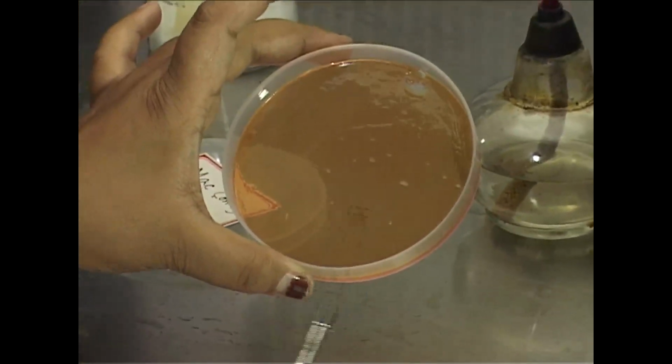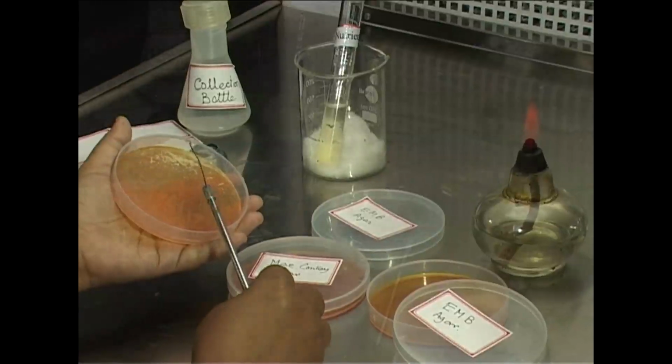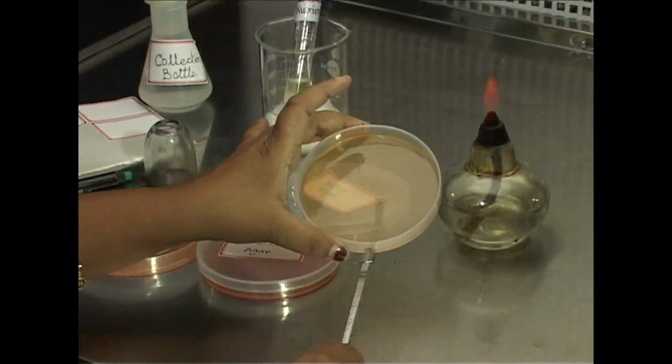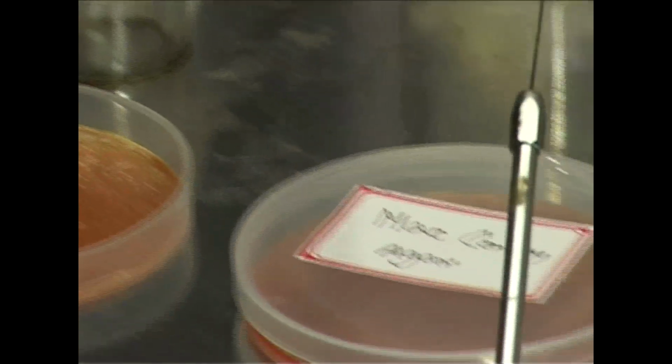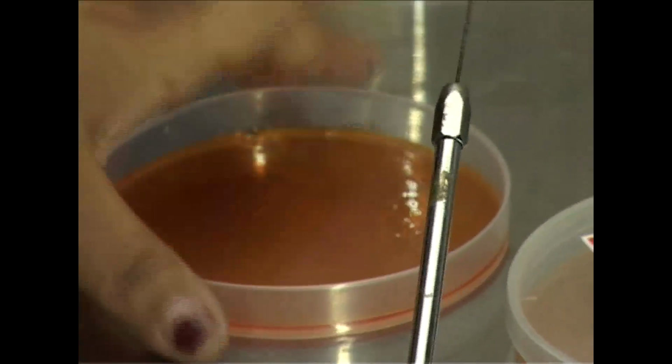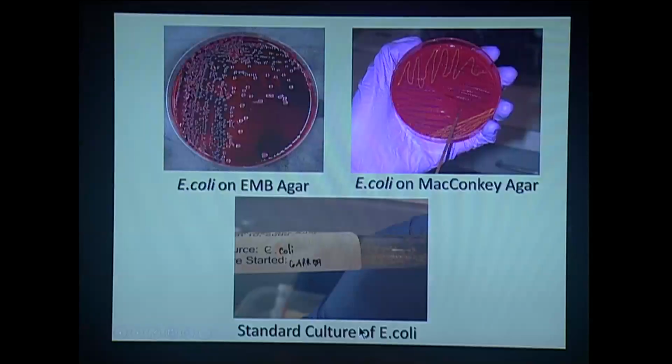Then, after getting the characteristic colony morphology according to size, shape, opacity, color, elevation, surface texture, and age, that will be subcultured over EMB agar and MacConkey agar, and then repeatedly subcultured to get a pure culture with homogeneous colonies. But at every stage, we have to have the standard culture of E. coli obtained from the MTCC.